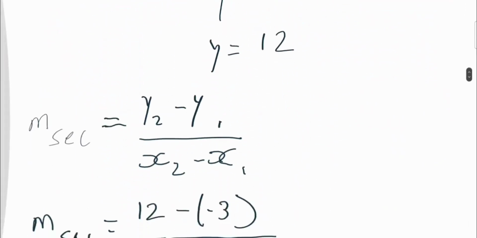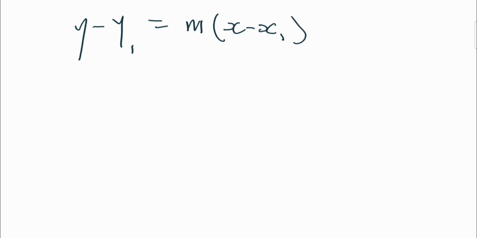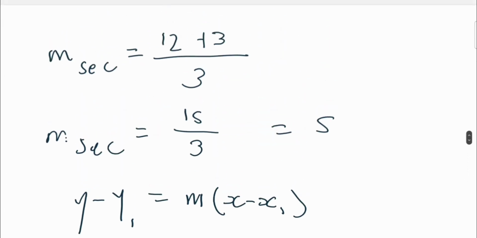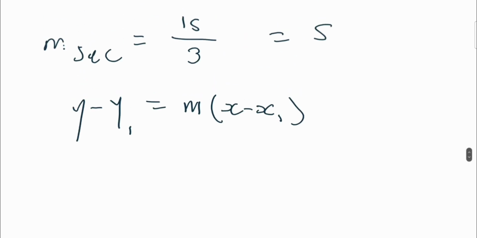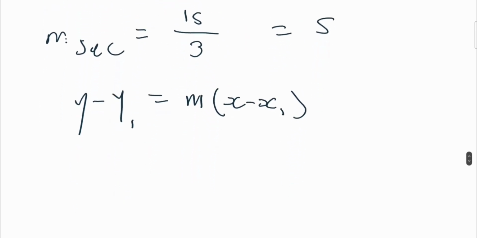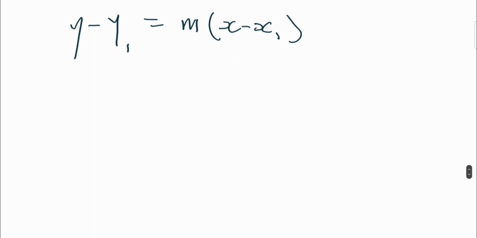And we are going to write this in point slope form. y minus y1 equals m times x minus x1. So m is going to be the slope, y1 is going to be a point, and x1 is going to be a point.